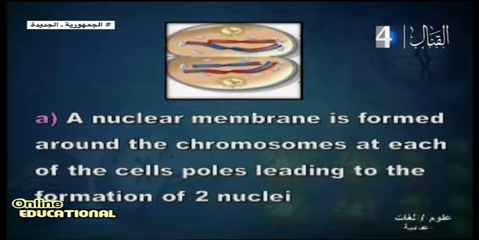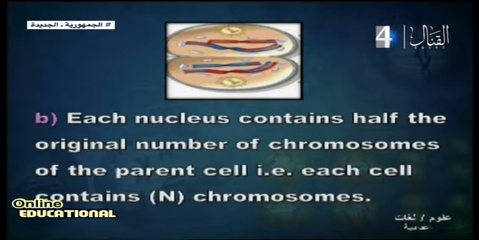Here, the nuclear membrane is formed again around the chromosomes at each of the cell poles, leading to the formation of two nuclei. Each nucleus contains half the original number of chromosomes of the parent cell, so each cell contains n chromosomes.